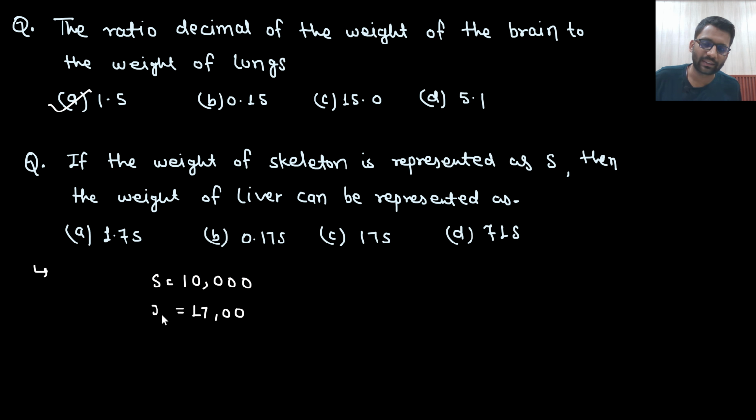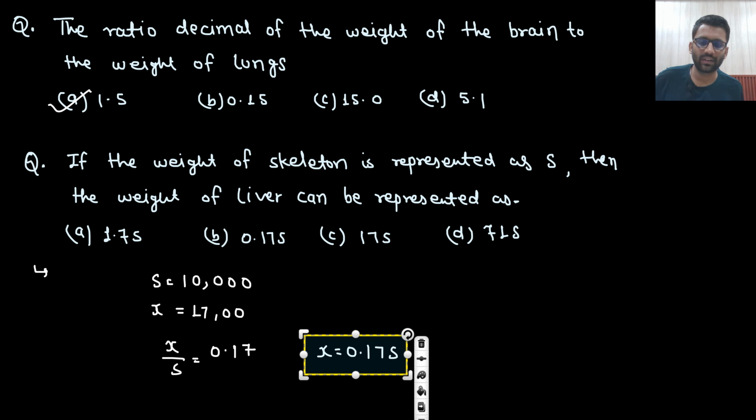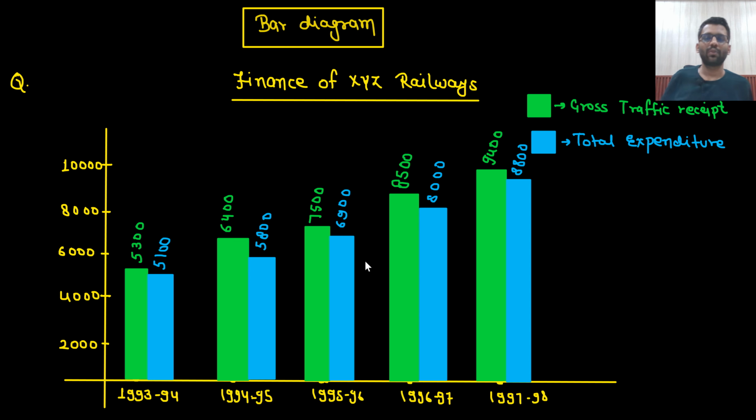Let's just say I call it X. So X by S would be what? 0.17, right? So X can be represented as 0.17 S. That's it. Very easy, very straightforward. So the answer is 0.17 S.